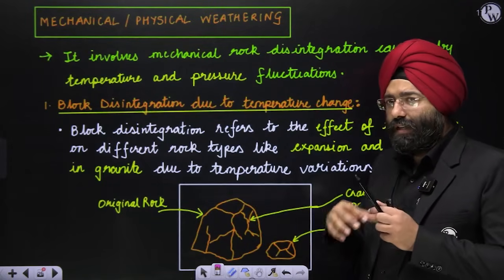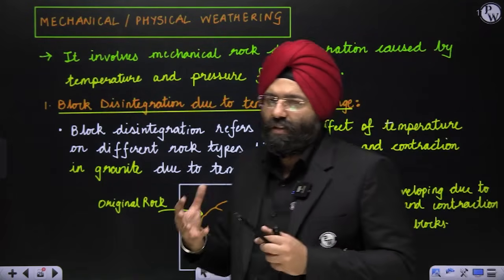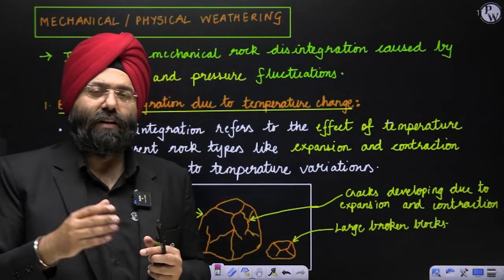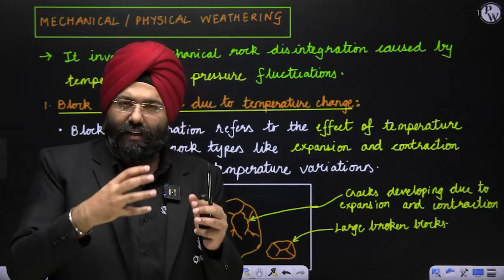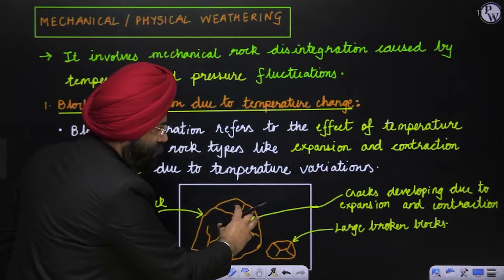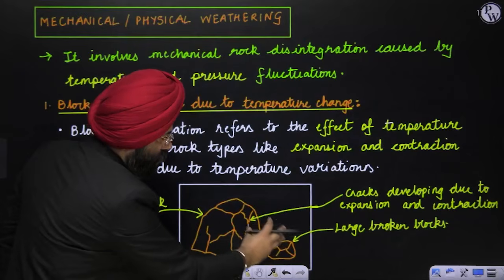Because during the daytime, let us say temperature is high. Then there might be a cooling effect during the night time. So cracks might develop on these rocks and a huge, large broken block will fall down.